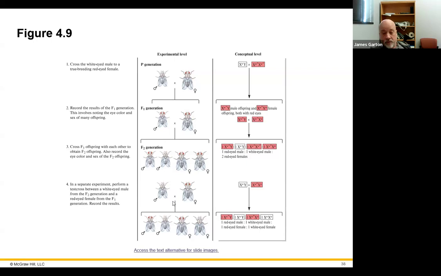And all of a sudden, what you observe is you get white-eyed male flies and female flies. And the best way to explain that turned out that the white-eyed allele was on the X chromosome, and this reciprocal cross allowed the combination of X chromosomes in females to inherit that mutant white-eyed gene.